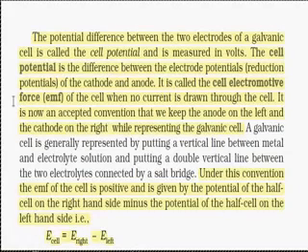Oxidation potential is the reverse of reduction potential. That is, if the reduction potential of Zn, that is zinc, is minus 0.76 volt, then its oxidation potential will be plus 0.76 volt. This is for your information.